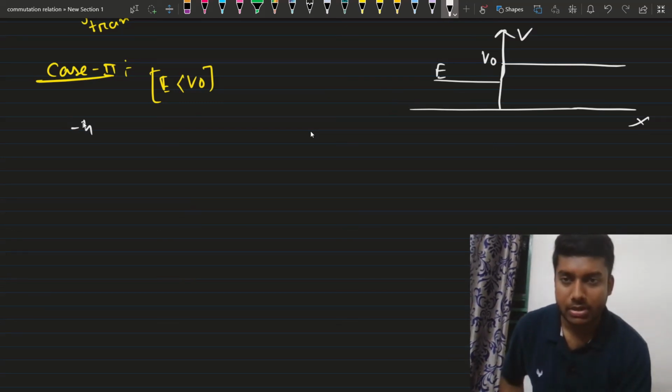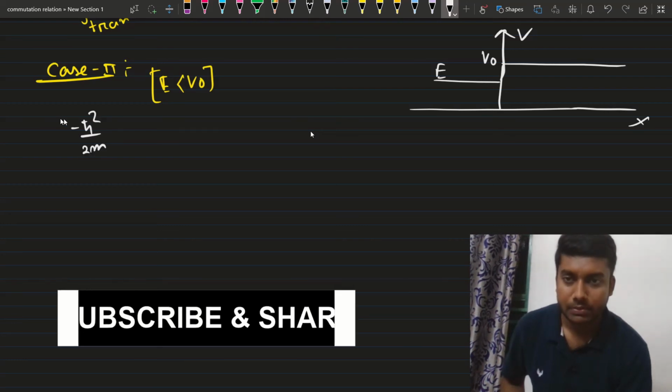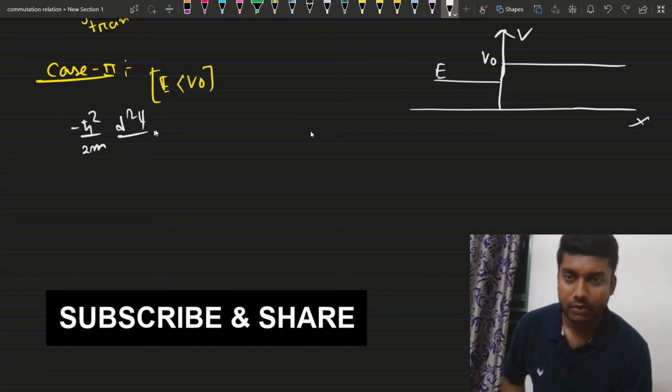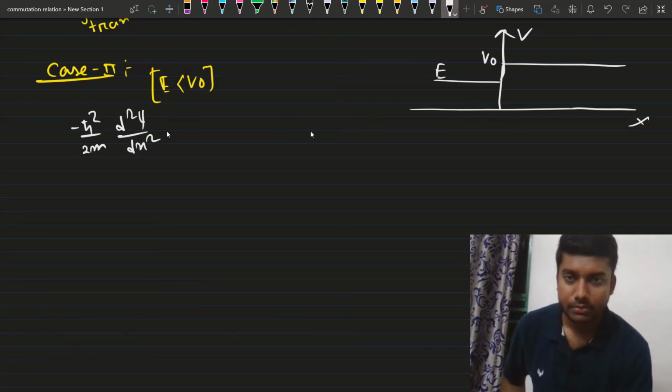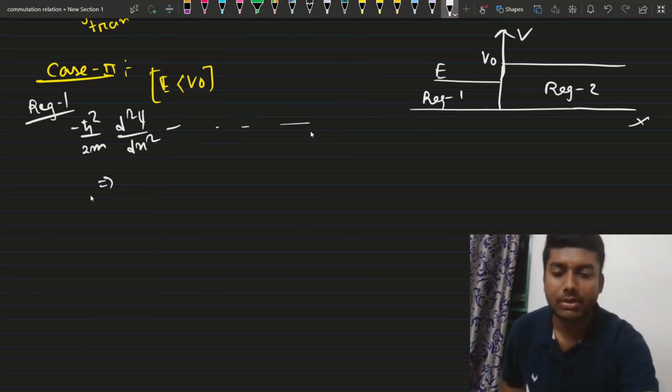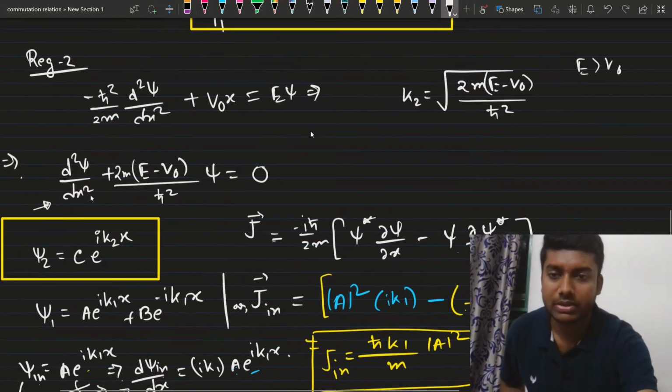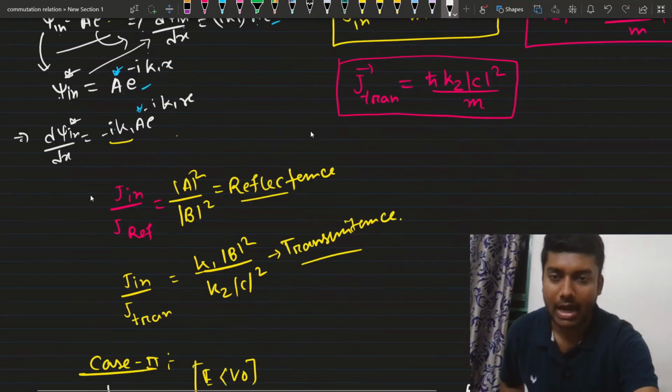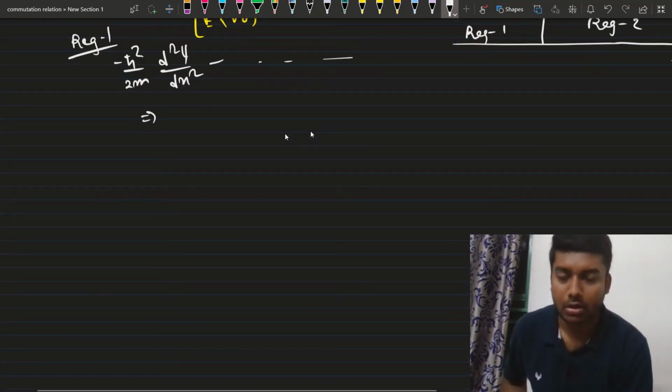Again, using the Schrodinger wave equation, d2 psi over dx squared plus, for region 1, this is region 1, this is region 2. For region 1, the thing will be just similar to the first case, so I am not doing that. I am just writing down the solution.